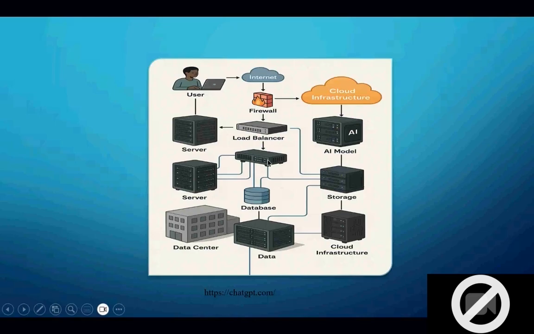But that means there's still a physical location, there's still physical computer equipment, and you access all of this through the internet, right? It's still somewhere in some location, in some data center, on some server.